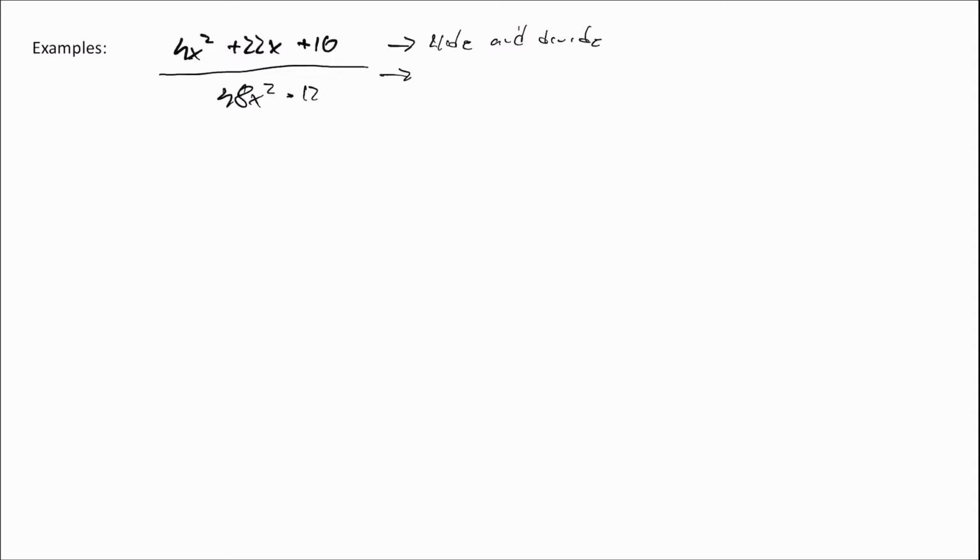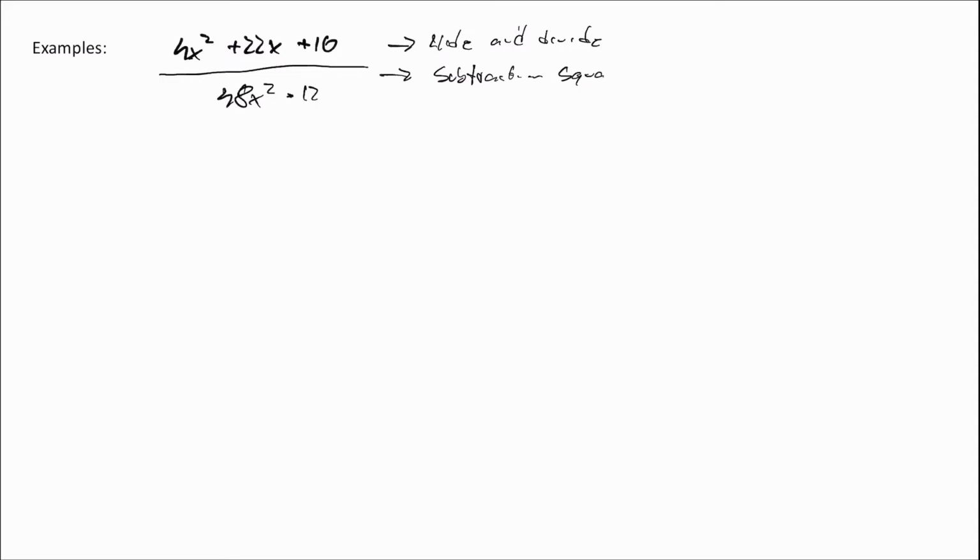Now let's go to an example here so that you understand perfectly. So if I give you here 4x squared plus 22x plus 10 divided by 48x squared minus 12, I'm going to be using slide and divide to factor this, and I will be using subtracting squares to factor this.